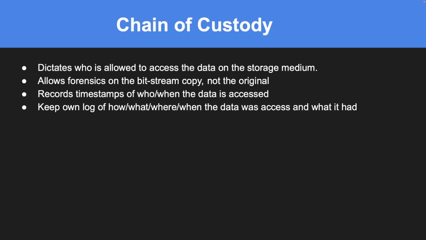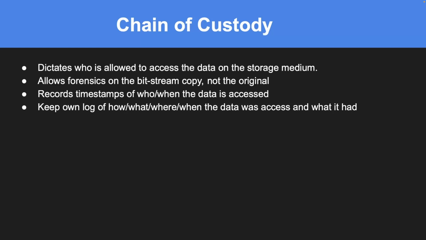A third set of steps is the preservation of this evidence. And this means maintaining the integrity. In doing so, we have to protect the evidence from being tampered with, damaged, or being lost in any way, shape, or form.